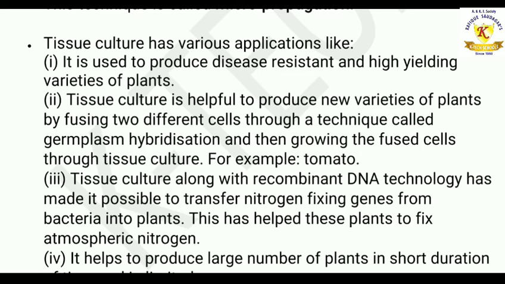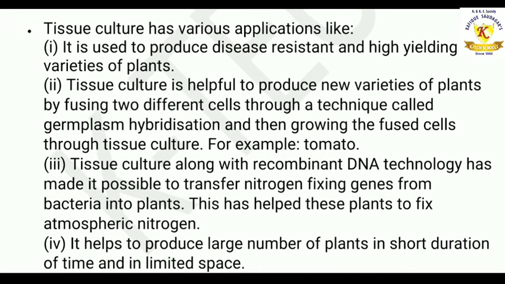Tissue culture has various applications. It is used to produce disease-resistant and high-yielding varieties of plants. It is helpful to produce new varieties of plants by fusing two different cells through a technique called germplasm hybridization, and then growing the fused cell through tissue culture. For example, tomato.